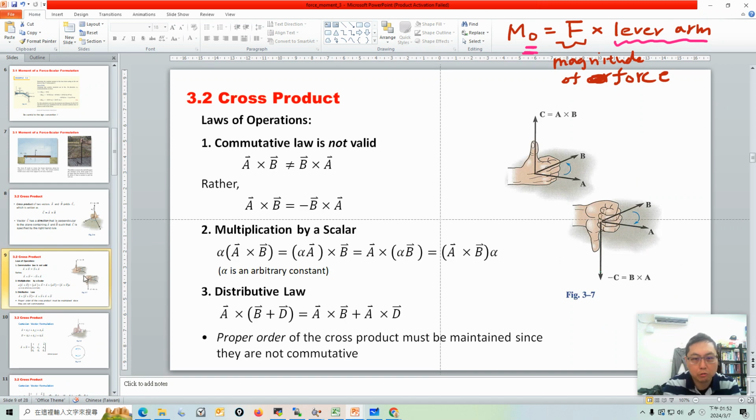A cross B means you start from A and curl the right hand toward B, because A is here and B is here.